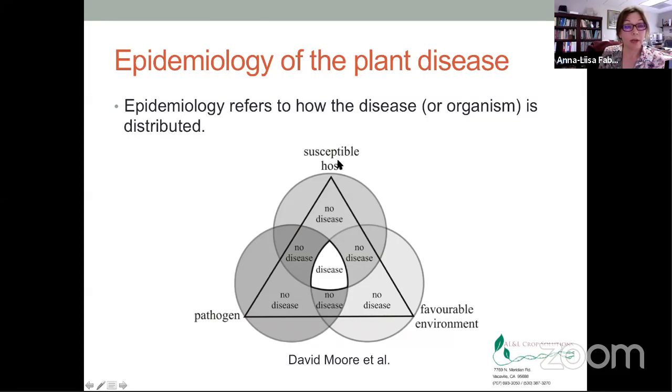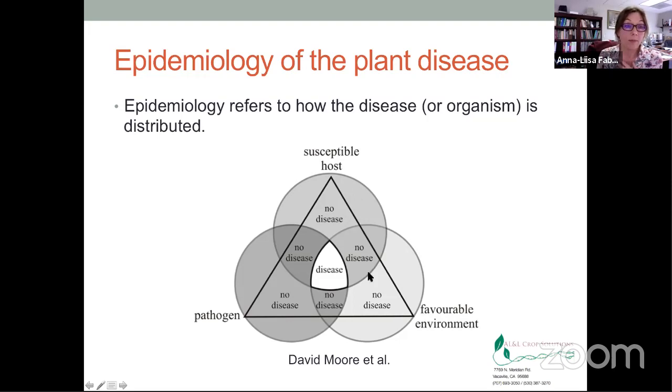If we have a pathogen and a favorable environment, but we don't have a susceptible host, there's no disease. One very efficient way of controlling plant disease is using resistant plants. But for many diseases, we don't have resistant cannabis plants against Fusarium, for example.